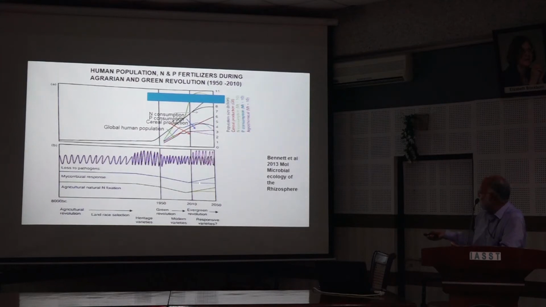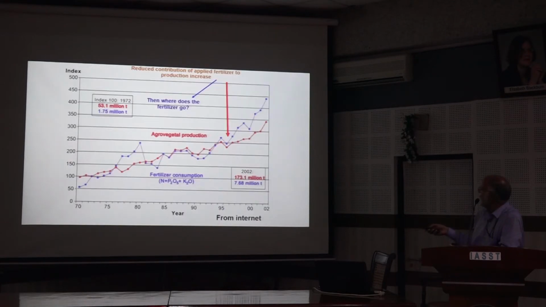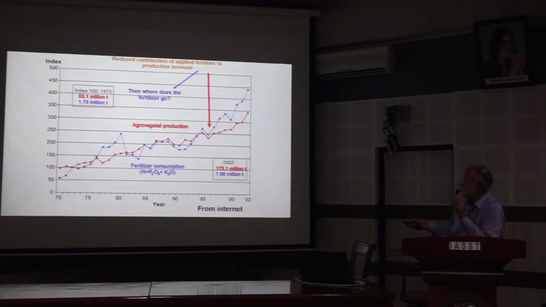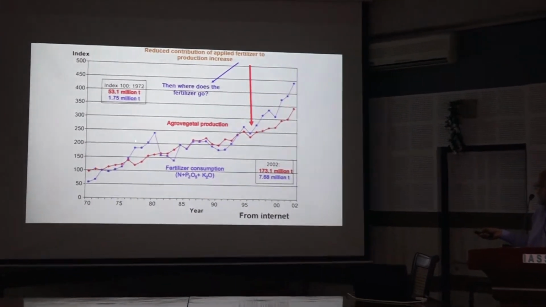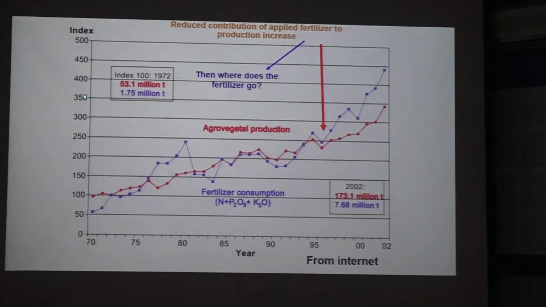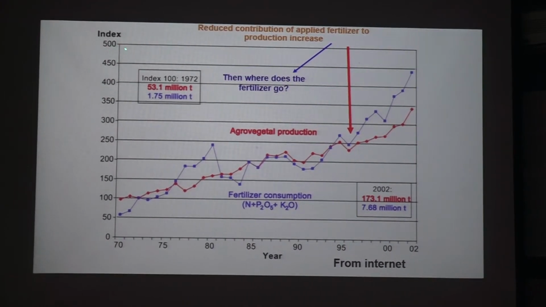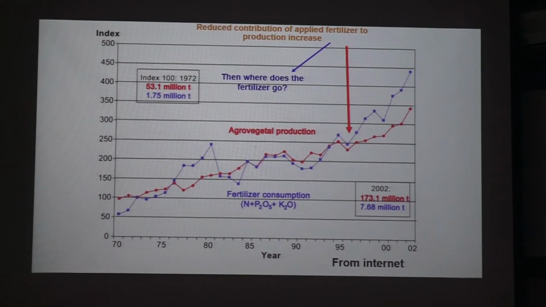Our target now, by 2050, is that their contribution we must increase. This is where the importance of below-ground diversity of microorganisms in production comes in. By applying fertilizer alone you are not going to achieve an increase in production, because if you see this agro-vegetal production and fertilizer, do not take this as an absolute value. This is an index. I have now forgotten; I read this paper about 4 or 5 years ago.